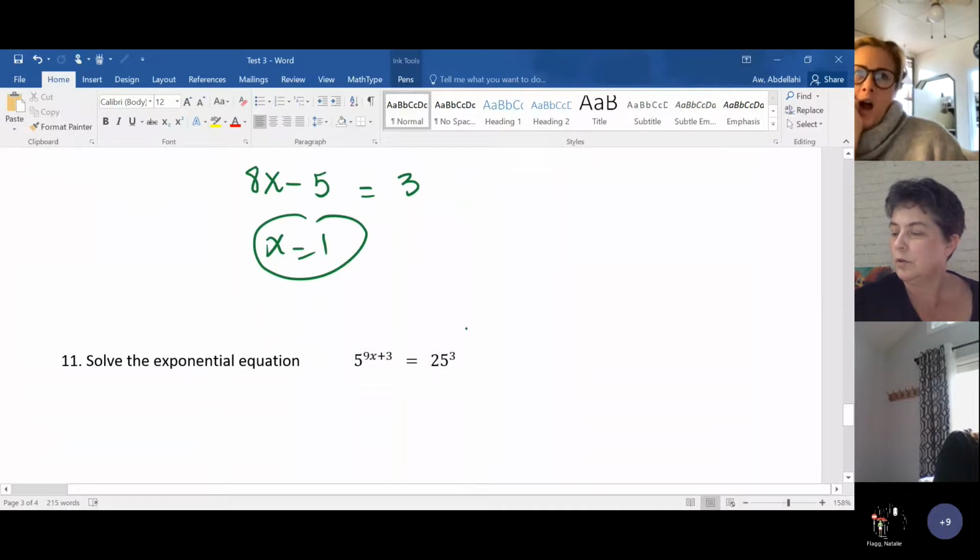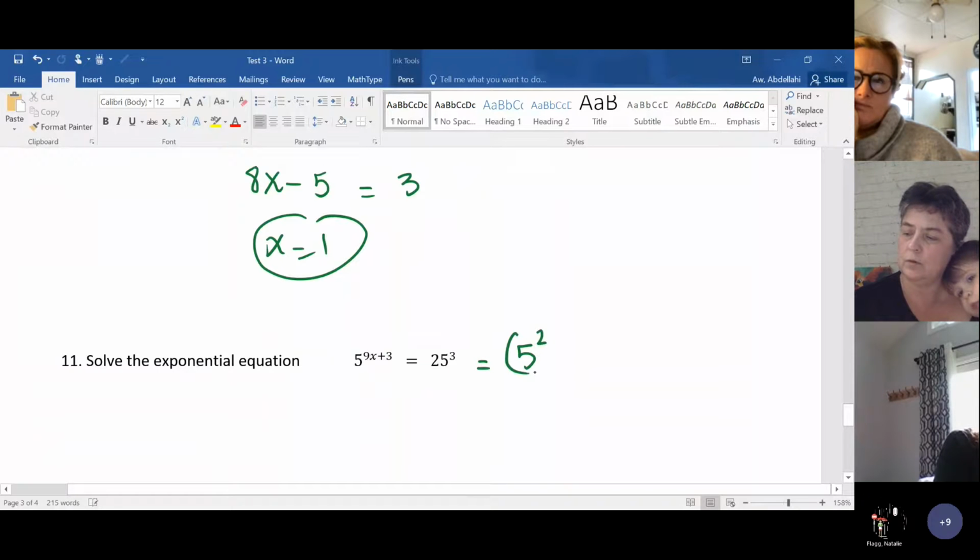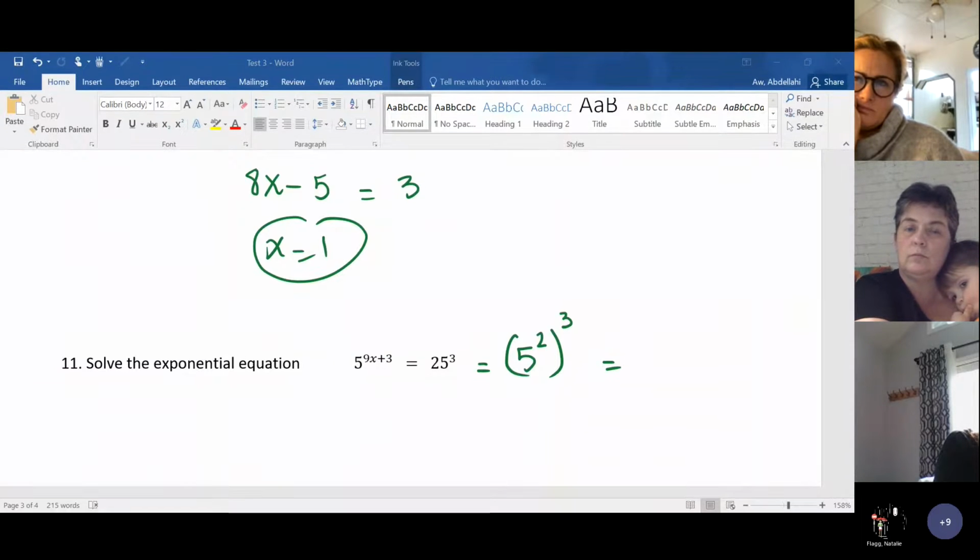Same thing here. From the get-go, I don't say 9x plus 3 equal 3, because 5 and 25 are not the same base, but 25 happens to be 5 squared, right? And this is exponent 3. When you compound the two exponents like that, what do we do to them? Do we add them up? Do we multiply them? Multiply. We multiply them.